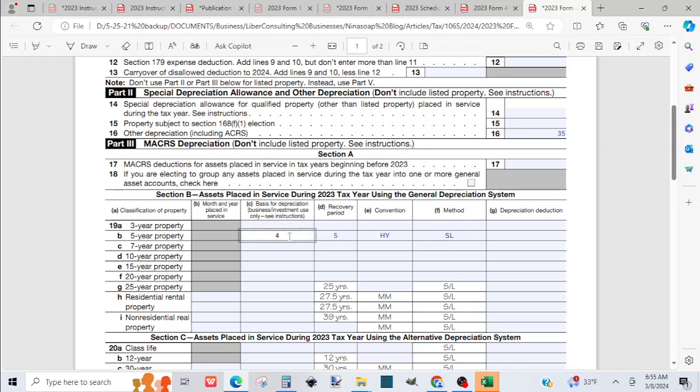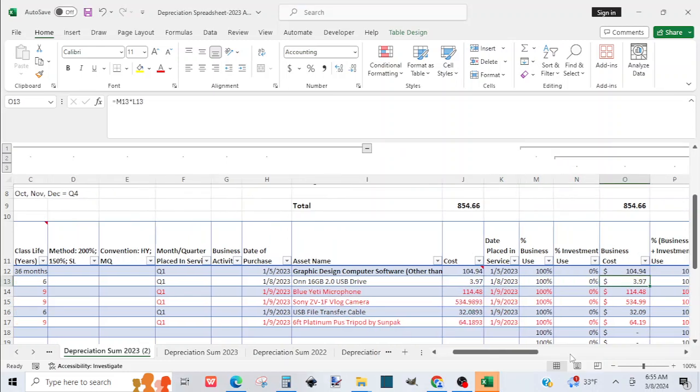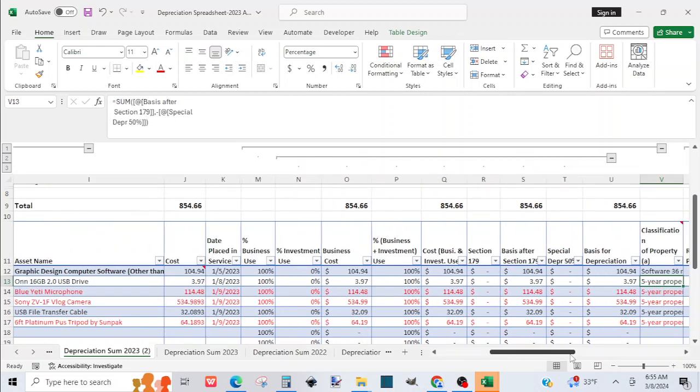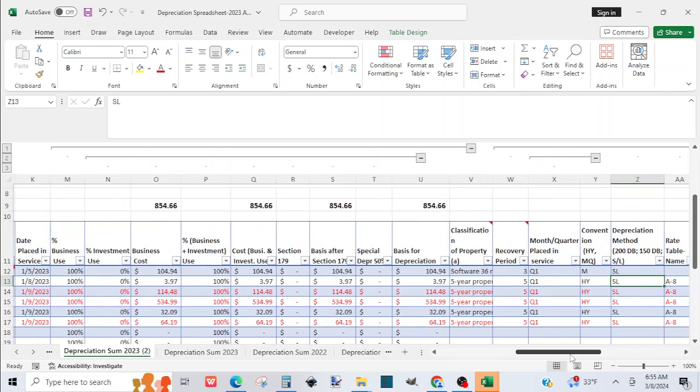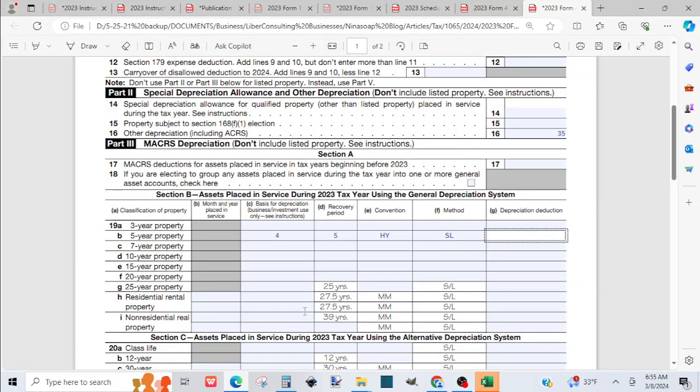This one will be 4, and the depreciation amount, excuse me, I'm going to put 1 because I know that I will have rounding issue. So I'm going to put 1 for this one. You can put 0 as well, but I'm going to put 1. Okay, and I will save it and close this one.